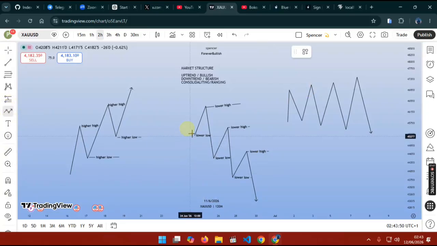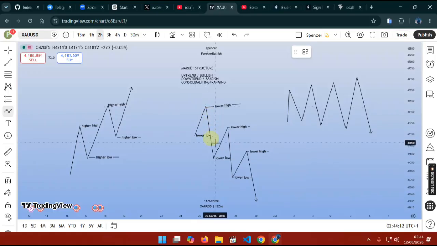Same here. We have this to be our correctional buy, and we have our impulsive sell. Just know that if the market is on a downtrend, the current market situation is favoring the downtrend.